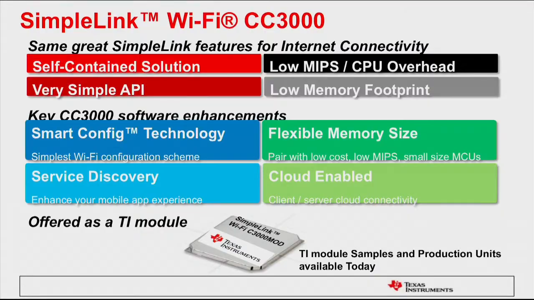They're going to want to be able to understand it as their product itself. And then cloud enablement: if we think about how we do things on our phone, the applications, we're accessing things in the cloud, our data, the information, and that's enabled on CC3000 as well. It's offered today as a module, the CC3000, and samples and production units are available today through TI and distribution.